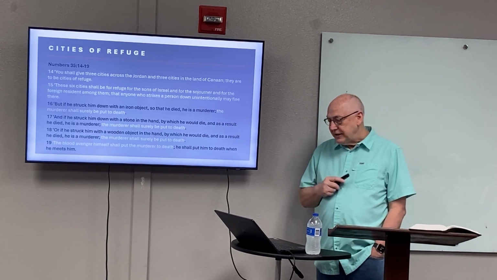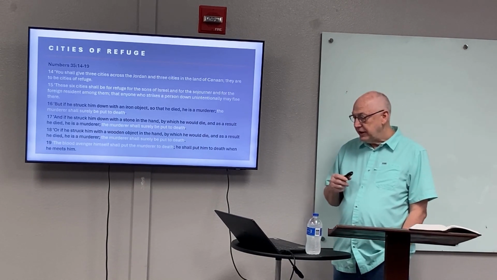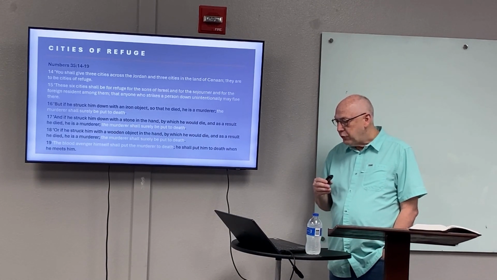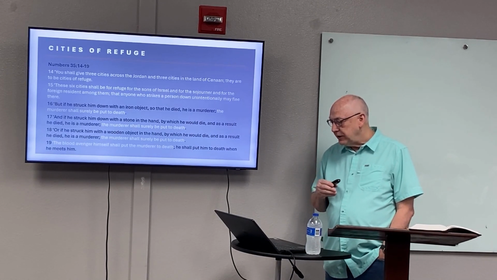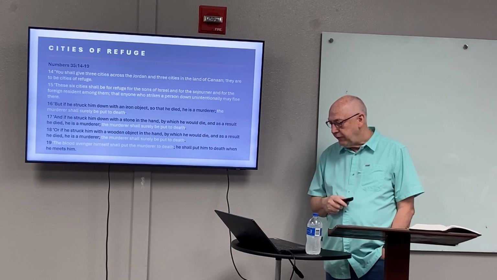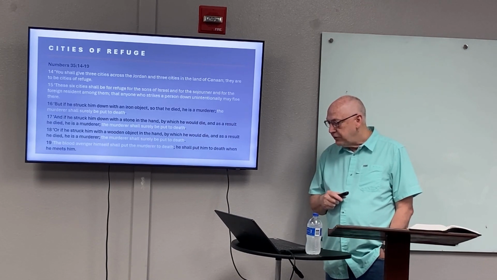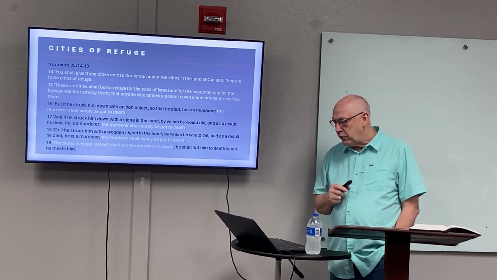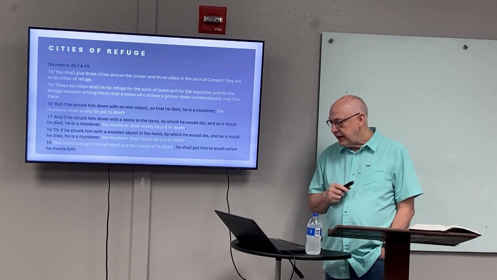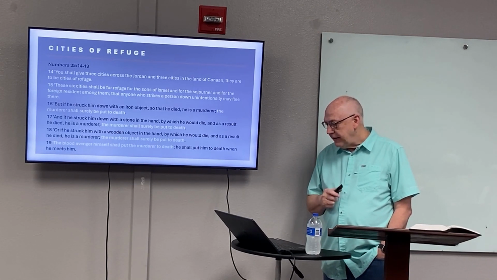In Numbers 35, Moses is writing: "You shall give 3 cities across the Jordan, and 3 cities in the land of Canaan. They are to be cities of refuge. These 6 cities shall be for refuge for the sons of Israel, and for the sojourner, and for the foreign resident among them, that anyone who strikes a person down unintentionally may live there."